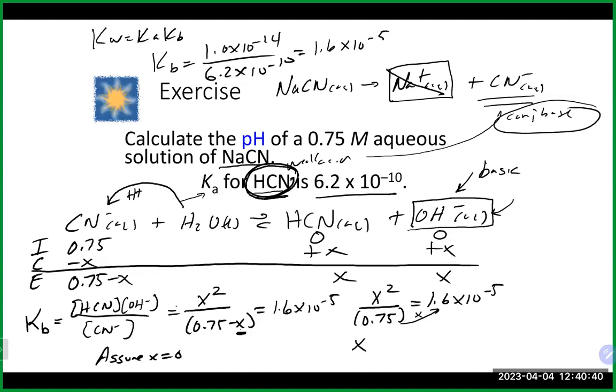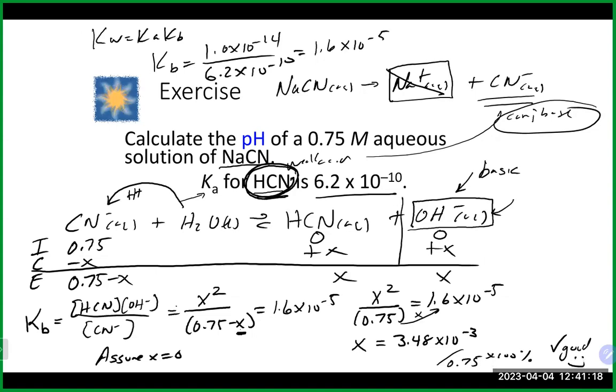Times 0.75, a little square root action. If we take the square root, that gives us an x value of 3.48 times 10 to the minus 3. Once again, we want to check it, so we'll divide that by 0.75 times 100% just to make sure. You're usually pretty okay in these situations, and it looks like we still are. So the check is good here.